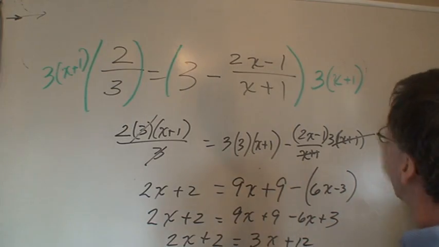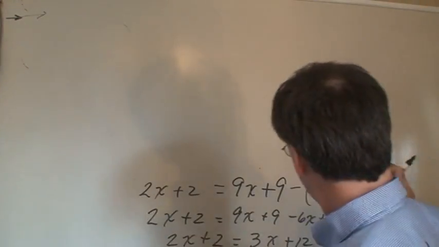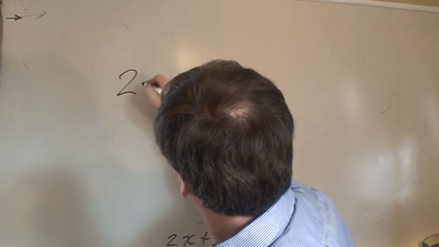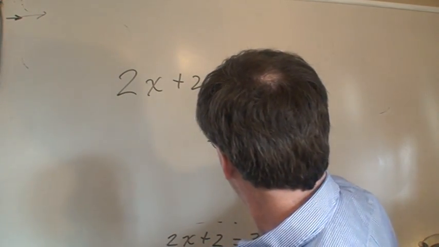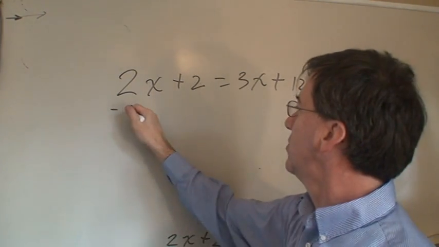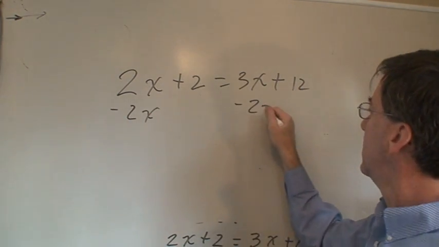And I'm going to go back up here at the top so you can see what I'm doing. It's a nice thing about having a board. All right, let's see. So I've worked it all the way to the point that I have 2x plus 2 equals 3x plus 12. I'm going to subtract 2x from both sides.